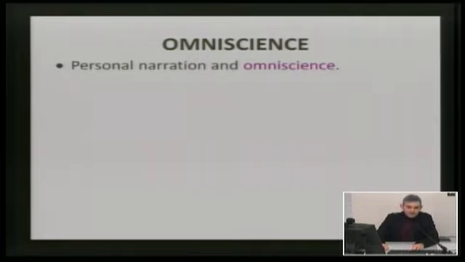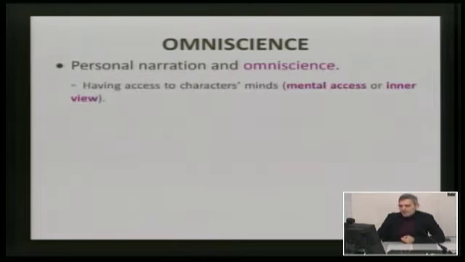There are several degrees of omniscience, and an omniscient narrator can do some or all of the following: having access to characters' minds, and we say then that the narrator has mental access or inner view.